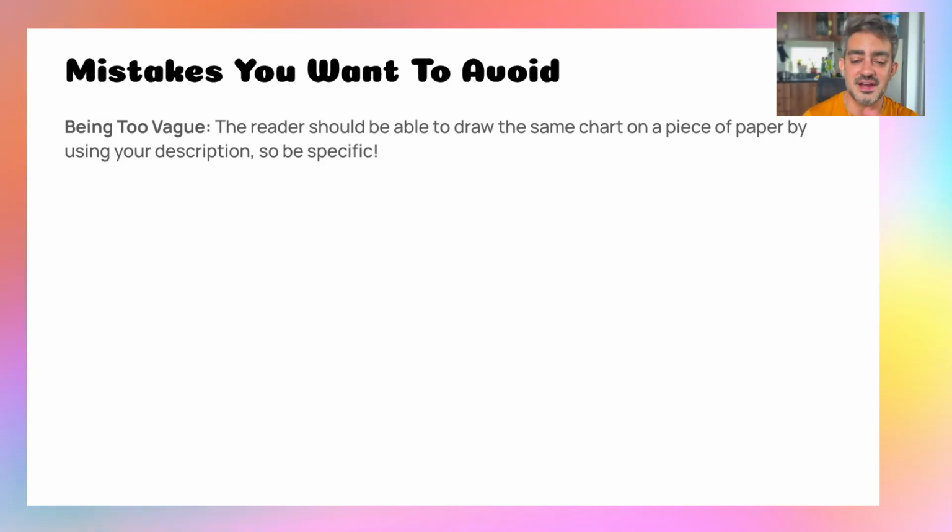Now, obviously, this is not something that needs to be done. Nobody's going to read your writing and try to draw the chart again, but you should think about how you can word your writing in a way that someone else can easily do that.